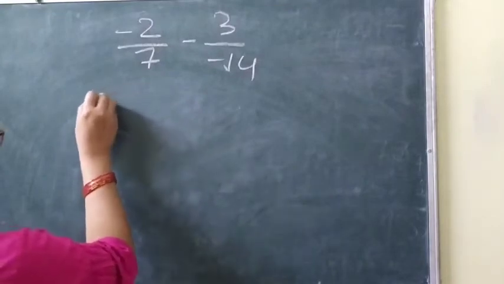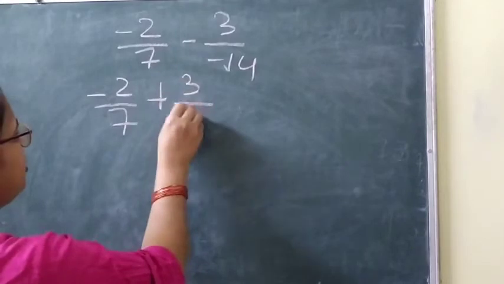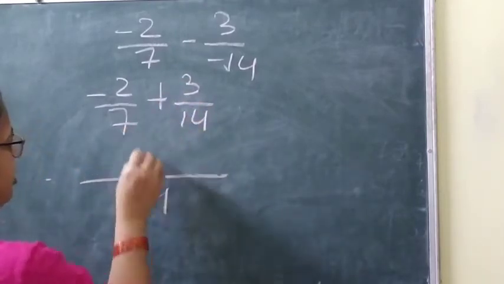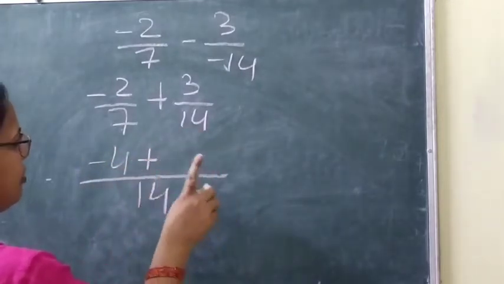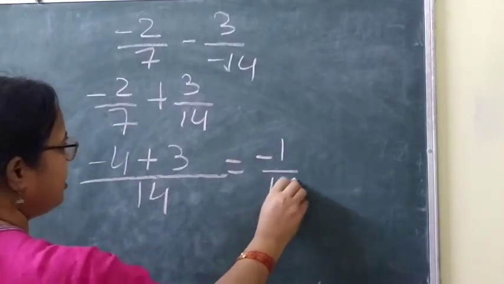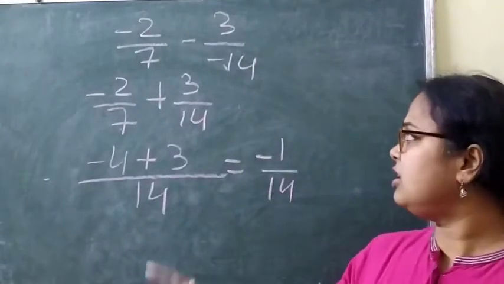We can write in simplified form minus 2 by 7 minus minus, plus 3 by 14. So here it will be 14. 7 2s are 14 and 2 2s are 4, plus how many times? 1 and 3. So this will be minus 1 by 14. So the answer will be minus 1 by 14. It is very clear.